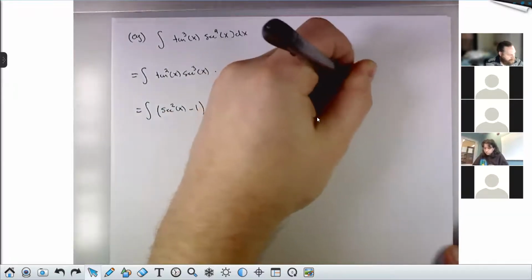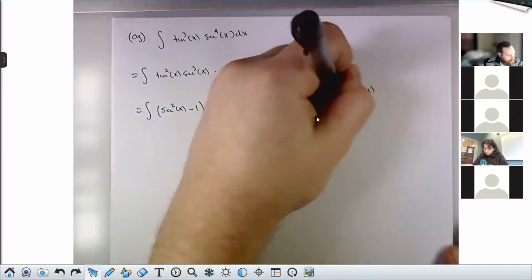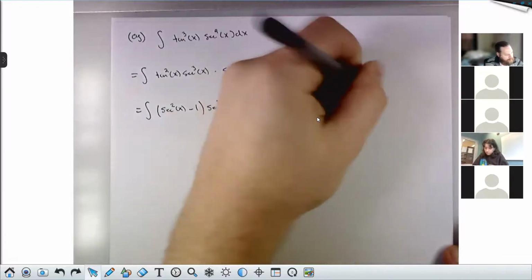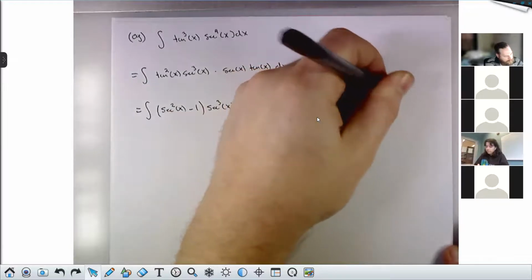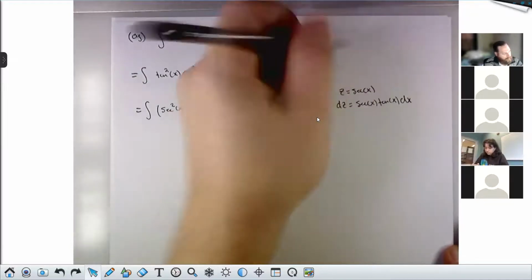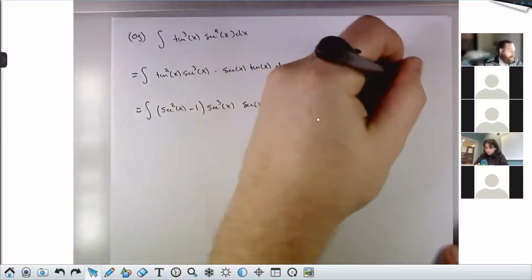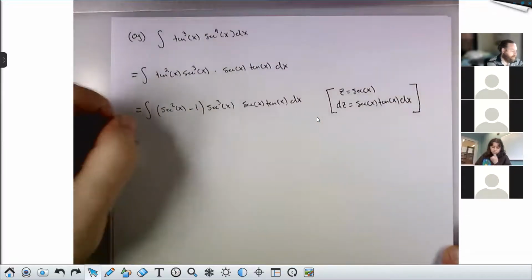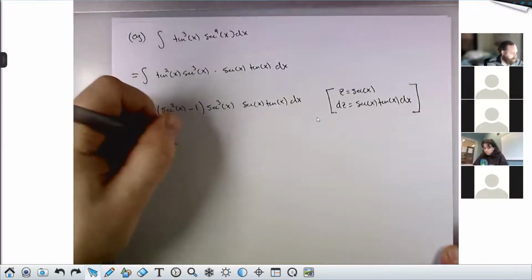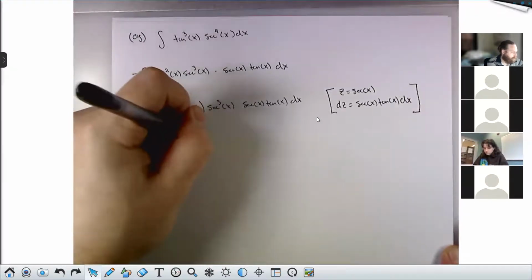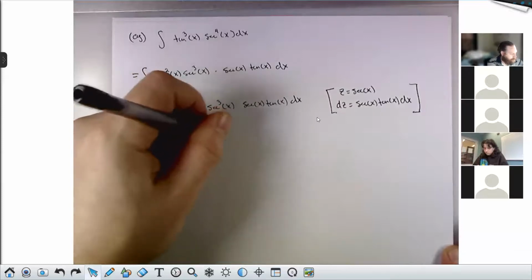z equals secant x. dz then would be secant x tangent x dx. The integral becomes the integral of z squared minus 1 times z cubed dz.